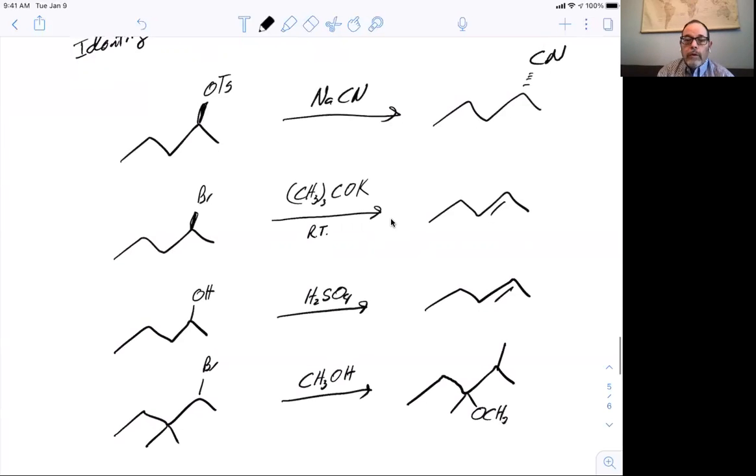Okay, looking at these 4 reactions, tell me which mechanism is occurring. Right, your choices are SN1, SN2, E1, or E2.